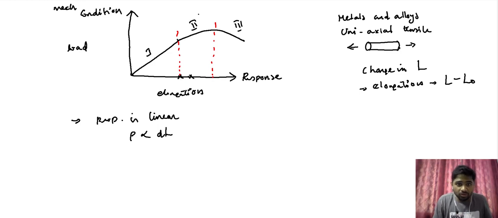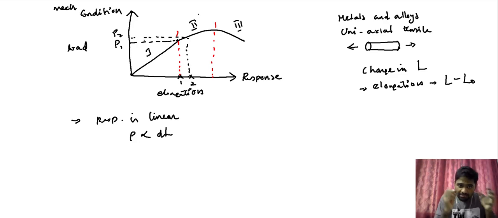And in order to increase the amount of elongation, similar to the first section, we have to increase the amount of load that is required. To reach this point 1, you need to impose load P1. To reach this point 2, you need to impose an increased amount of loading, that is P2.